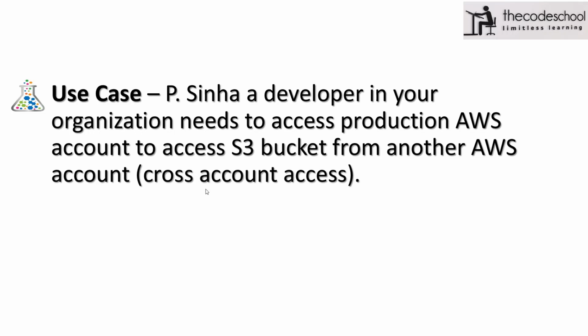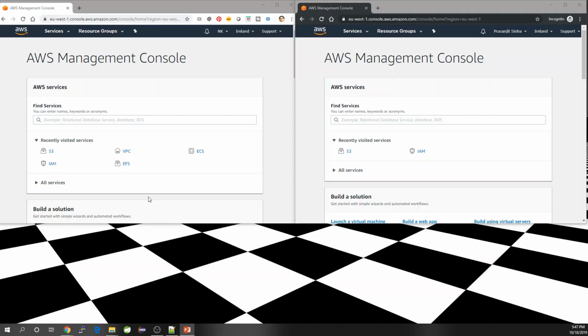Essentially, to achieve this scenario, we need two different AWS root accounts. One will pretend to be a production account and the second one will be the development account. So let me show you. I have two AWS accounts.